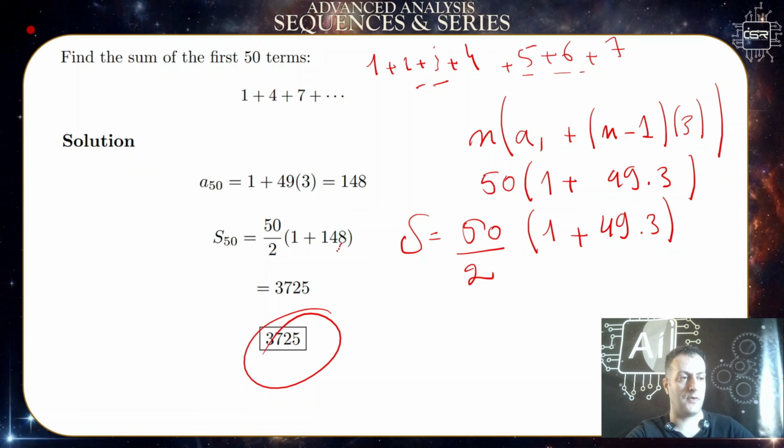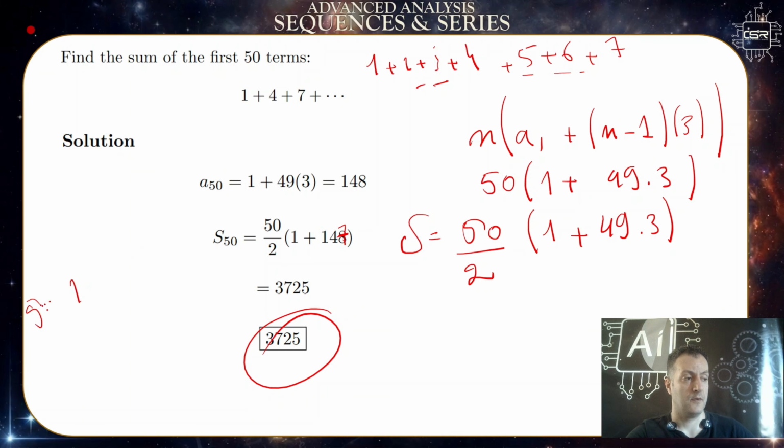By the way, here the value should be 147. I think there's a mistake, because 3 times 49 is 147. Plus 1, 148, times 50 over 2, so that would be 50 times 148 over 2.